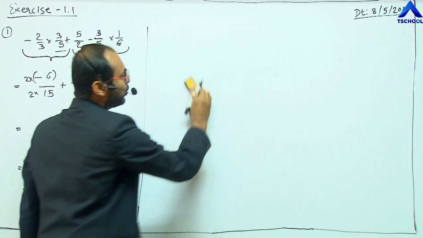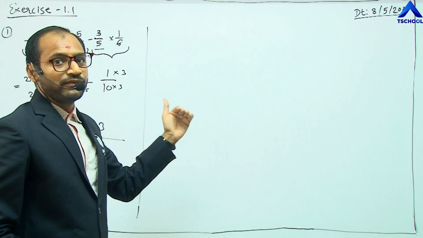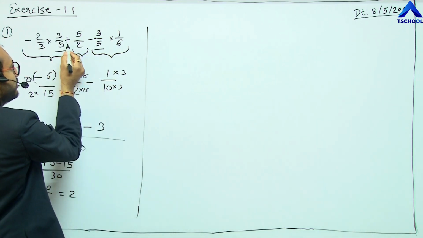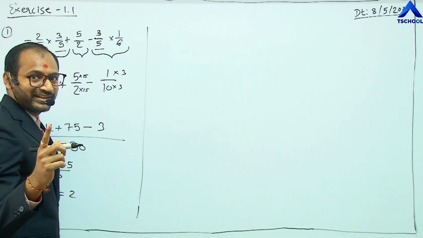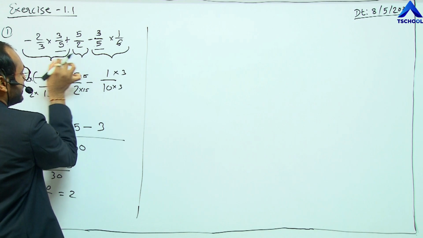So what we can do, according to commutativity, we can interchange, because addition is commutative for rational numbers according to the property. So we can interchange these two positions.